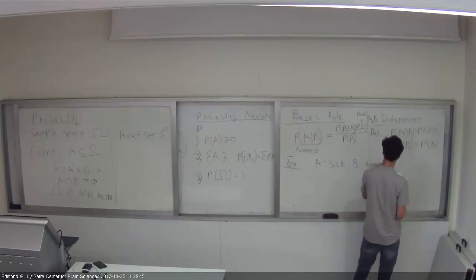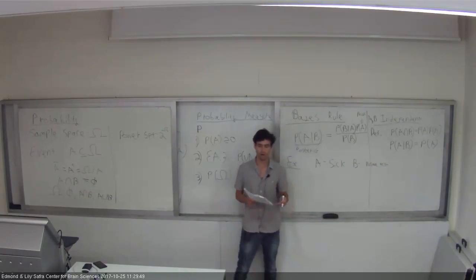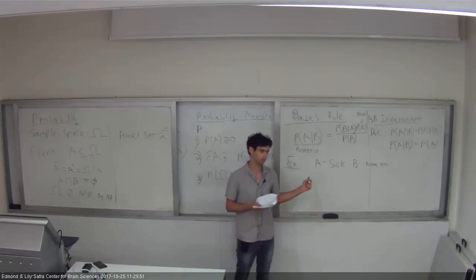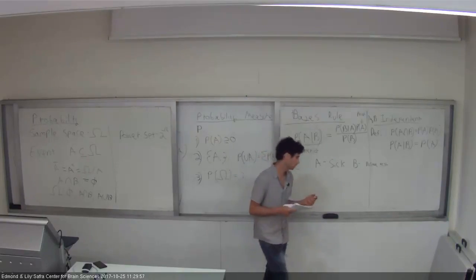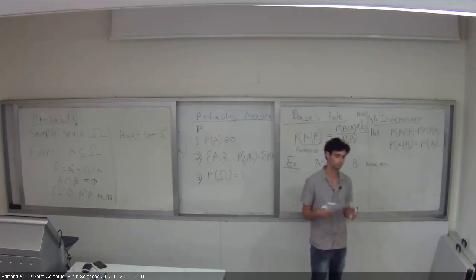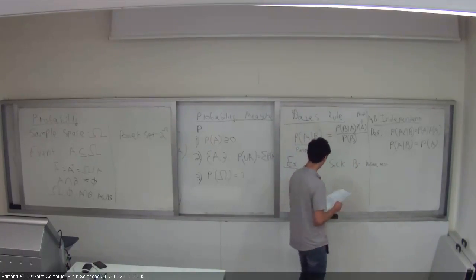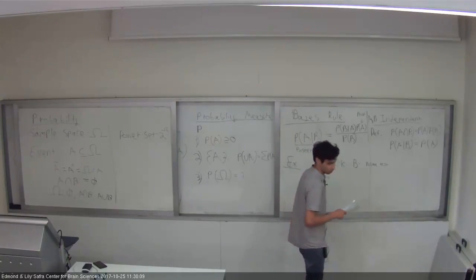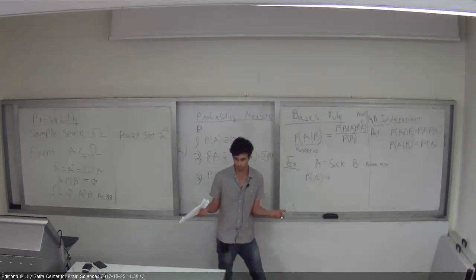How can we formulate the question that we want to answer? Exactly, P of A given B. Now let's write what we already know. What is P of A? P of A is 1 over 1,000.